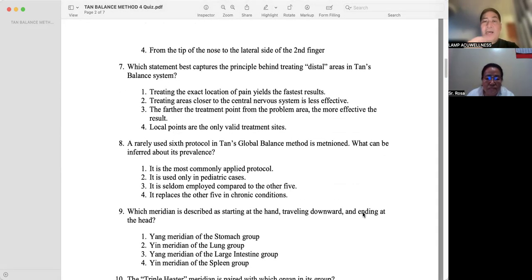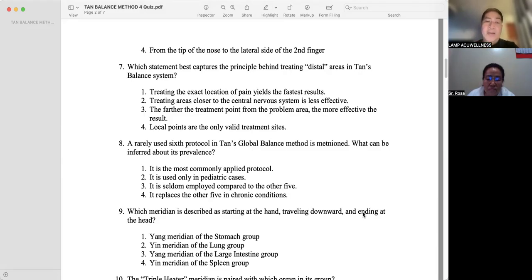Which statement best captures the principle behind treating distal areas in Tan's balance method? The farther the treatment point from the problem area, the more effective the result.